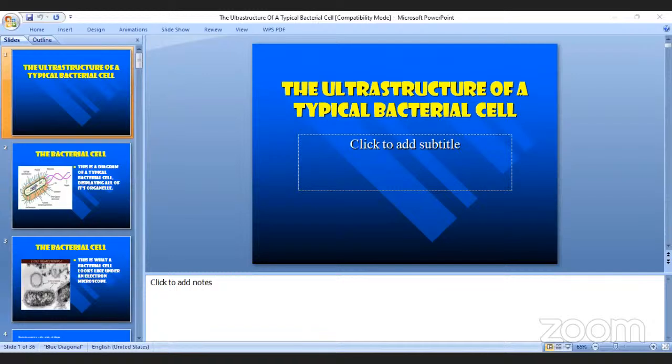If you see this bacterial cell structure, you can observe the nucleic acid, the nucleoid. Here is the genetic material such as DNA, RNA, right? Are you following my marker? Yes, sir. Is there any cell membrane around it?